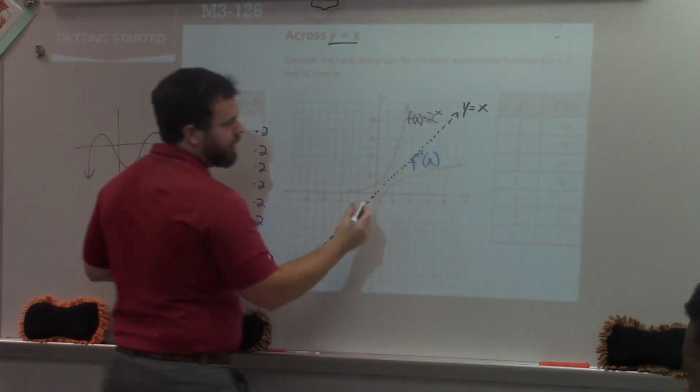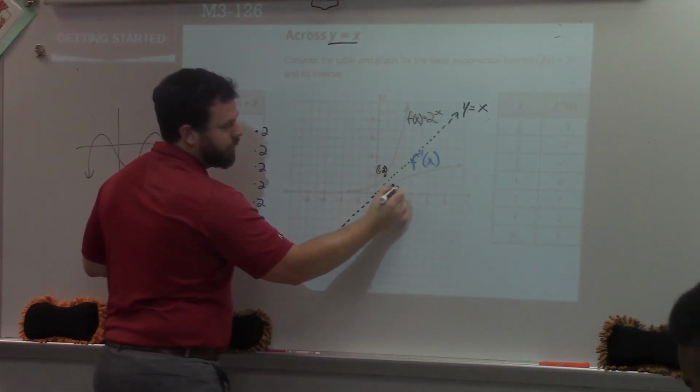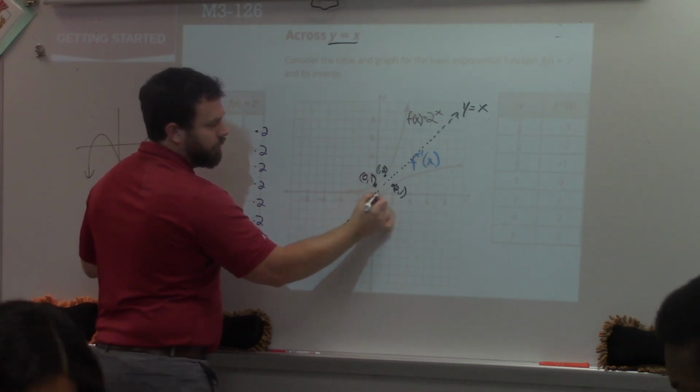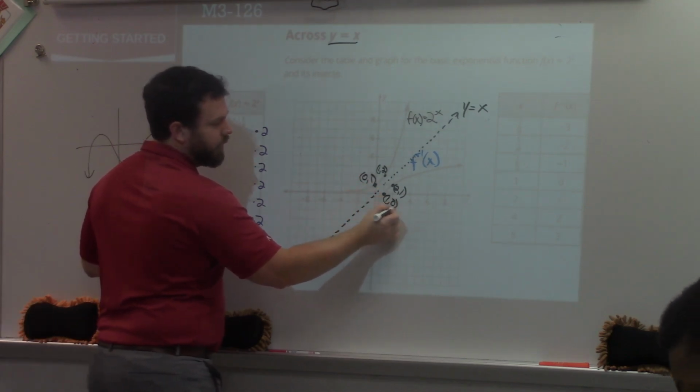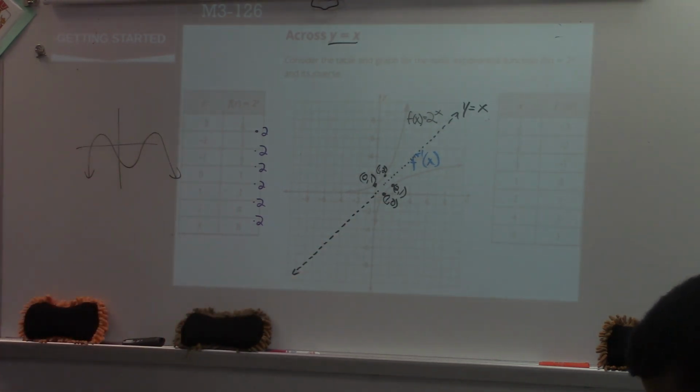I would probably draw that in to show these things. 1, 2 became 2, 1. 0, 1 became 1, 0, etc. We see the inverse of f of x, the reflection across y equals x, the inputs and outputs transposed. All these are really, really important ideas.